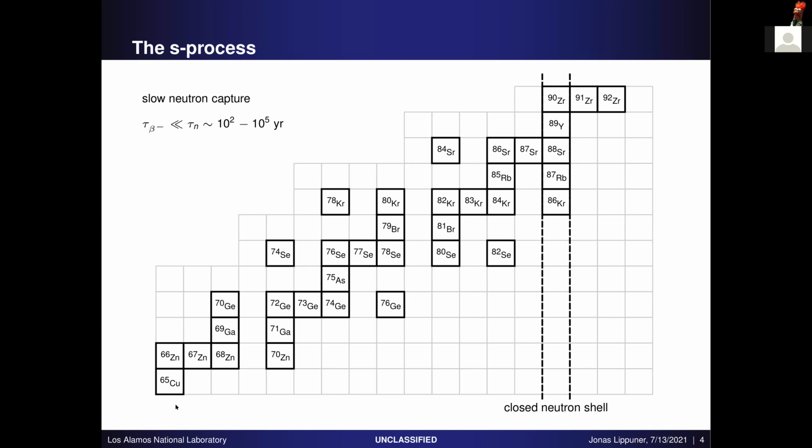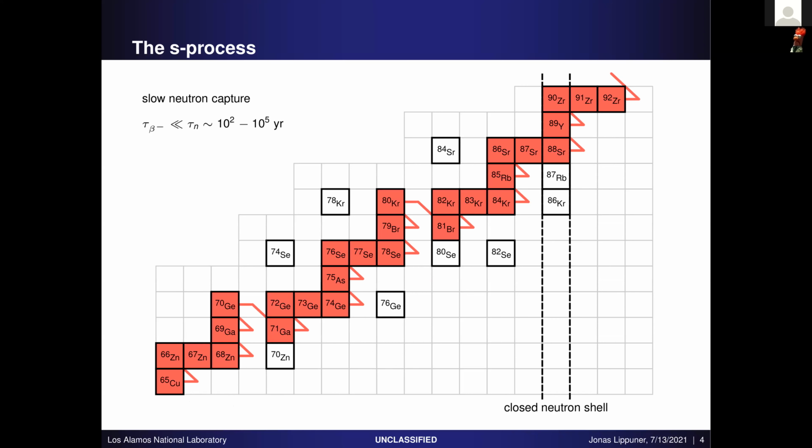Once this captures a neutron, it will make copper 66, but then that beta decays to zinc 66, I think, before it has time to capture another neutron. And so the path that the s-process walks is just along the valley of stability. We never get more than 1 unstable nucleus away from any stable nucleus. And so these are the nuclei, at least in this cross-section, that the s-process can produce.